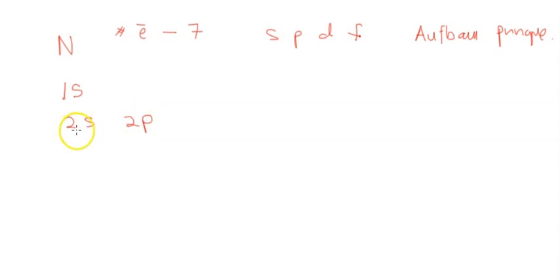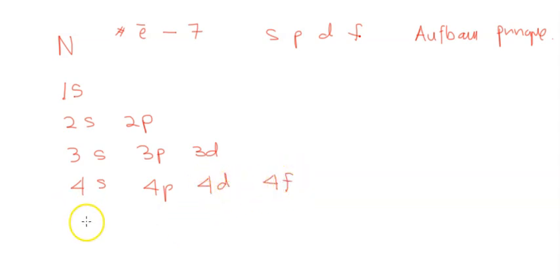Energy level 2 has 2 sublevels, energy level 3 has 3 sublevels, and energy level 4 has 4 sublevels. I'm not going to go further than this. We have more sublevels actually, but we're going to stick to the 4th energy level and the F sublevel. We're not going to need more than that.